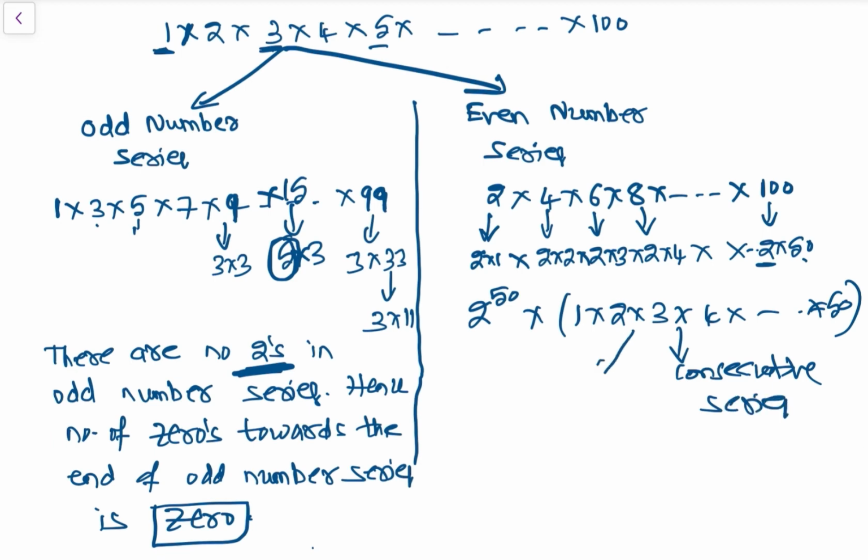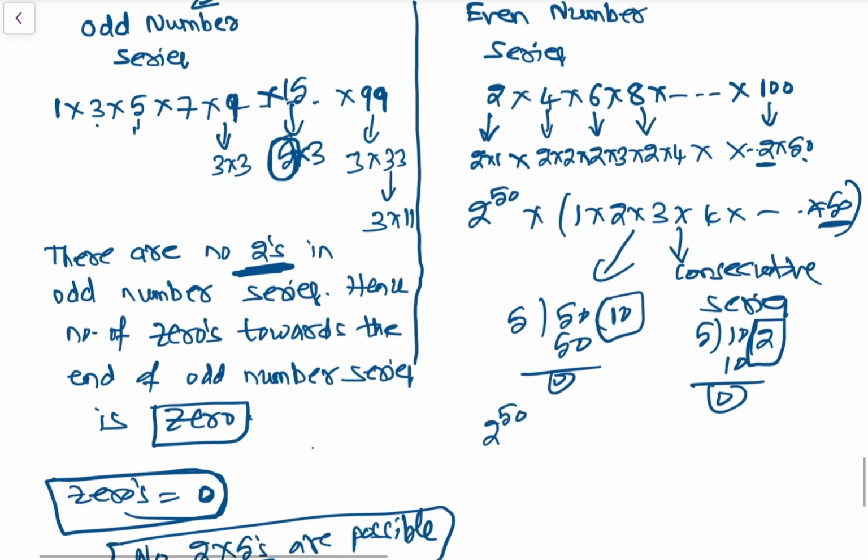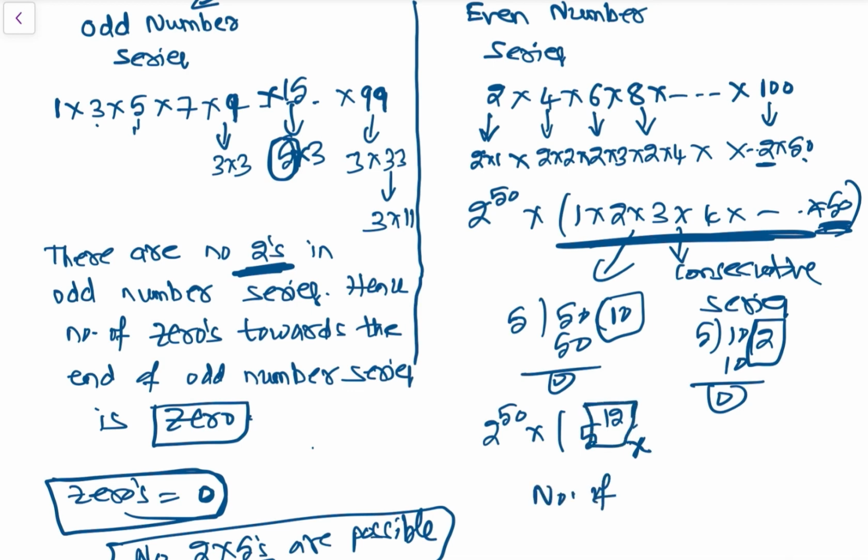So this is a consecutive series, so for a consecutive series we need to find the number of 5s and the number of 2s. So the number of 5s is 50 divided by 5, so that is 10, and 10 again can be divided by 5, which gives 2. So the expression is 2 to the power 50 into 5 to the power 12 into and so on. The number of 2s we can calculate here, but it doesn't matter because the 2s will be more than the number of 5s, so the number of 5s decides it. So the number of zeros towards the end is equal to 12, ठीक है.